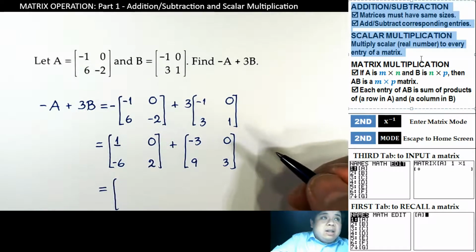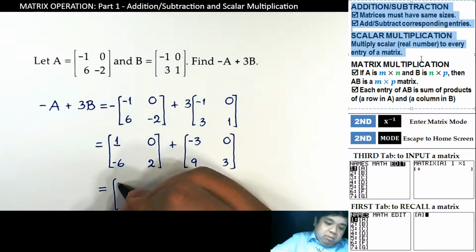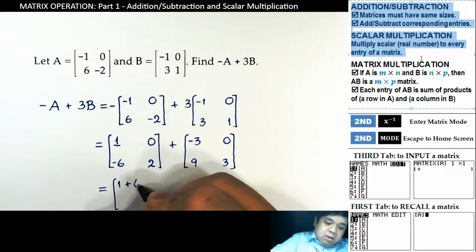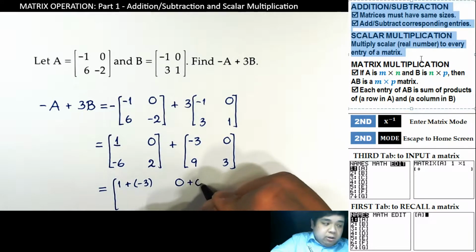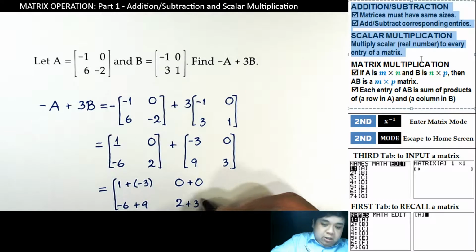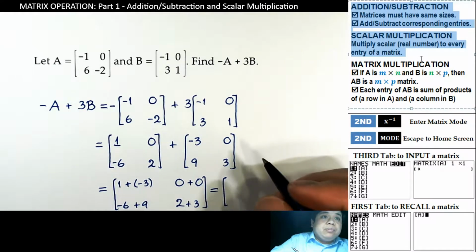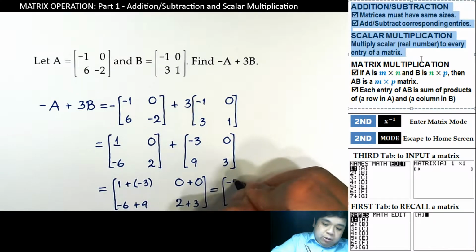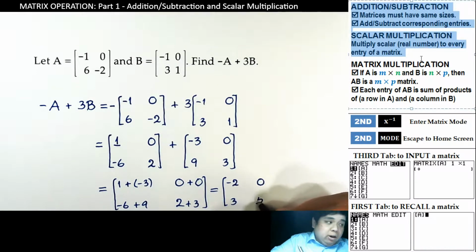And then we just add the corresponding entries. 1 plus negative 3, 0 and 0, negative 6 plus 9, and 2 plus 3. So that should be negative 2, 0, 3 and 5.